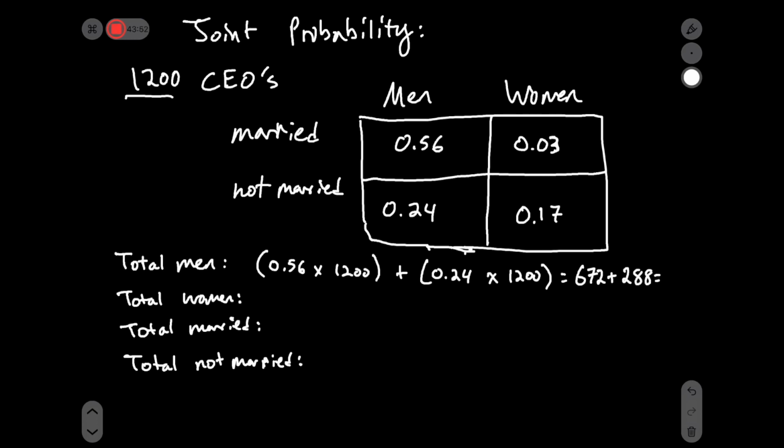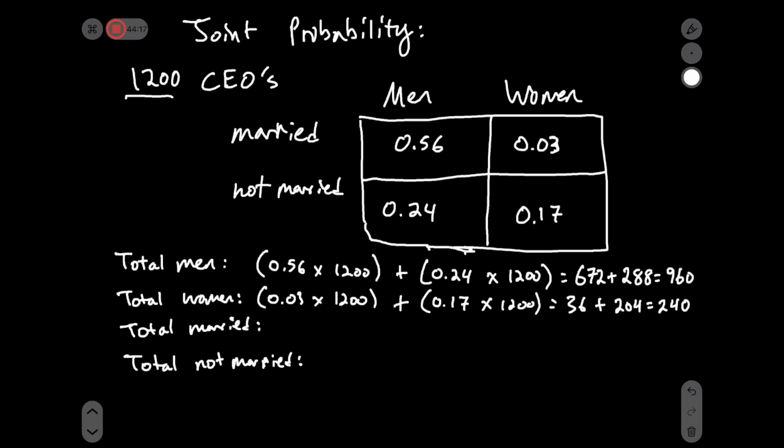Okay, so we've got a total of 960 men. Let's do the same for women. 0.03 times 1,200 plus 0.17 times 1,200. And this gives us 36 plus 204 equaling 240 women.